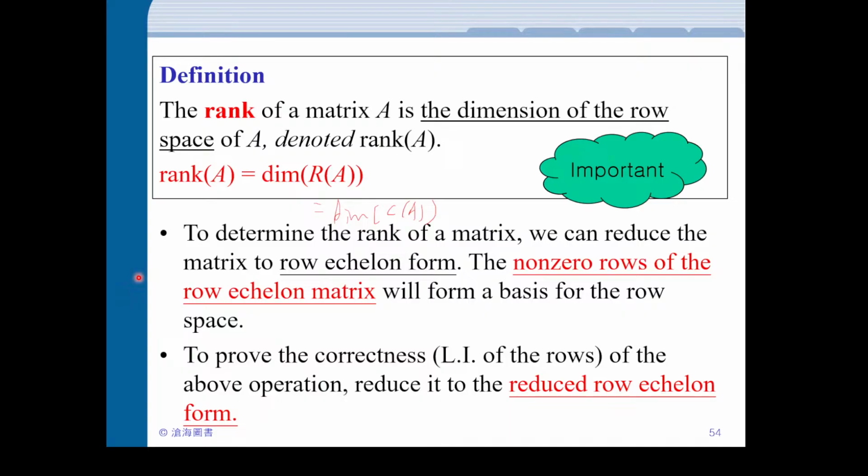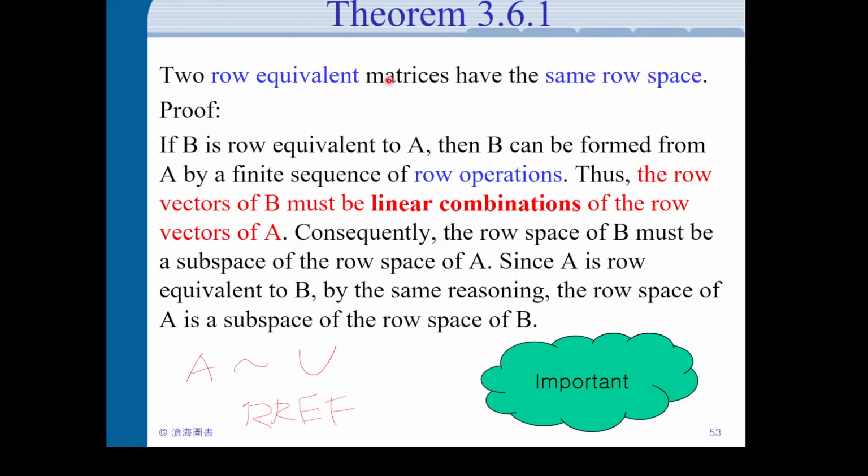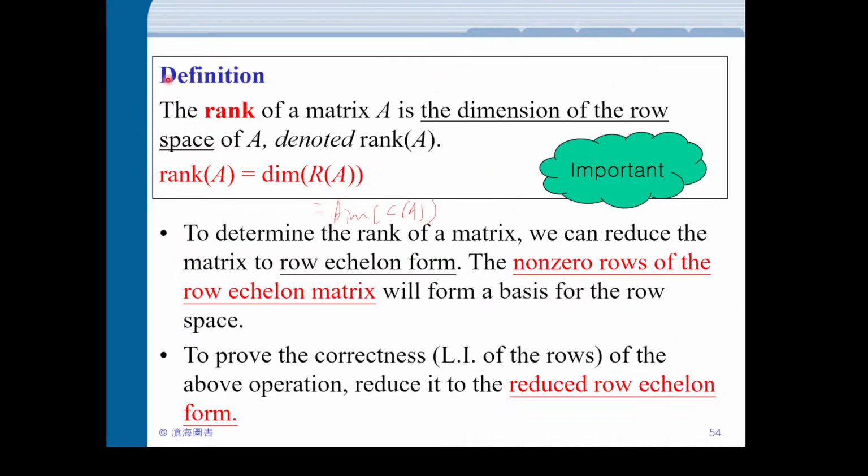Let's define another concept related to row space: the rank of a matrix. The rank of a matrix is defined as the dimension of its row space. Now we are focused on row space, and row space is a vector space, so we can find a dimension.